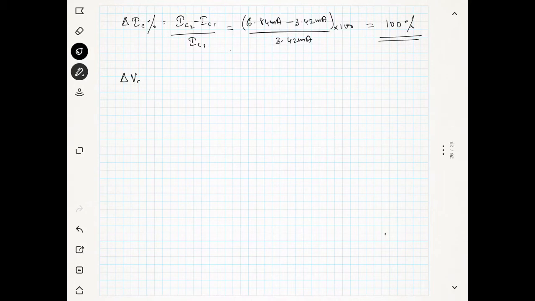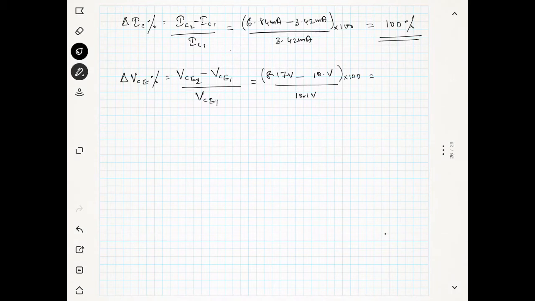Now delta VCE is equal to VCE2 minus VCE1 over VCE1, which is equal to 8.17 minus 10.1 volt divided by 10.1 volt into 100.